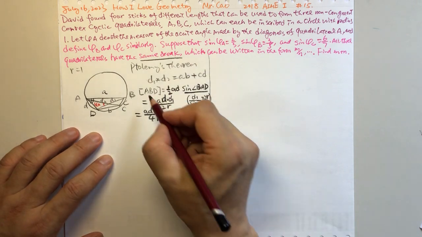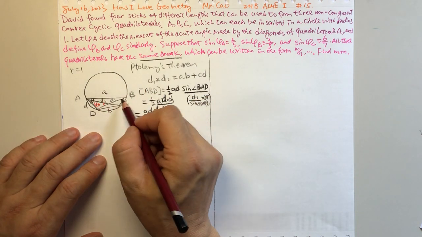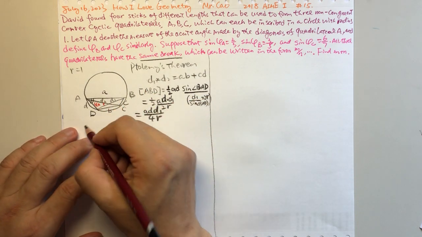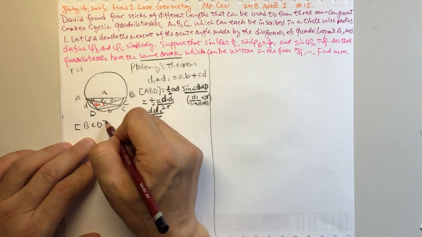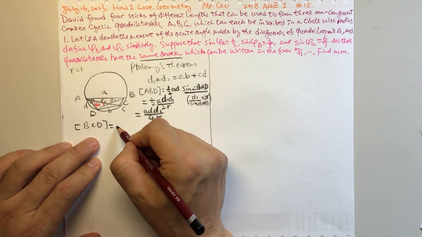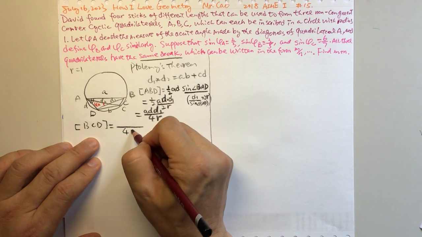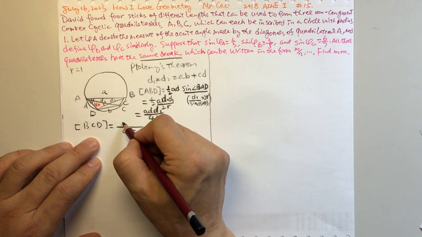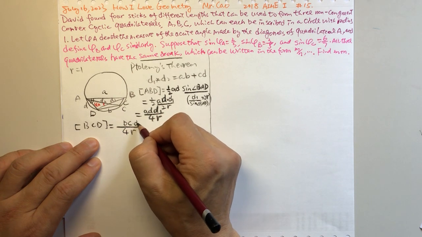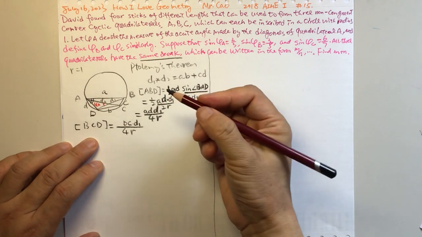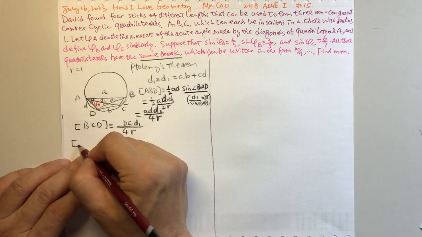So we can get the area, not just of ABD, we can get the area of triangle BCD. We can imagine it is the same thing, here is 4R and BC times D1, right?